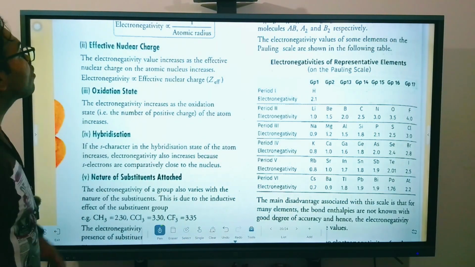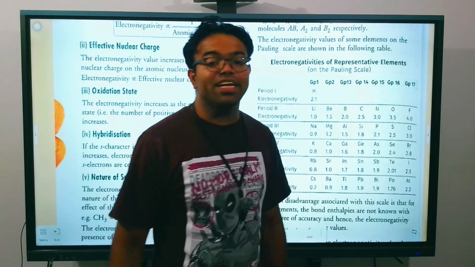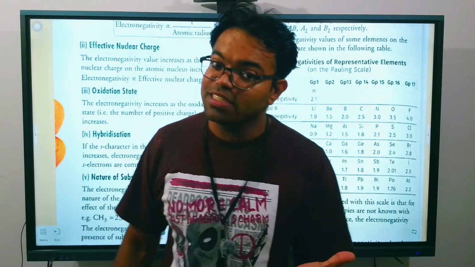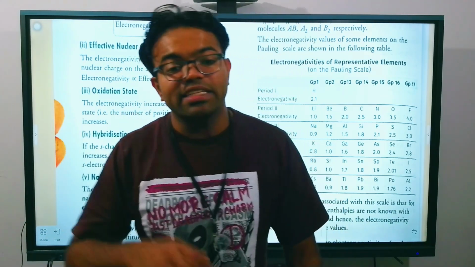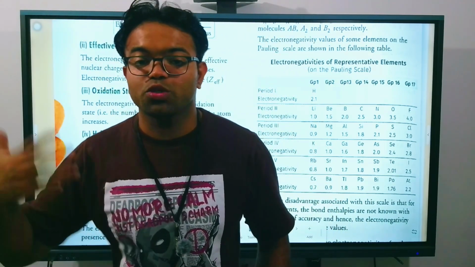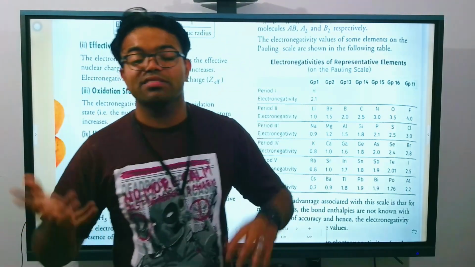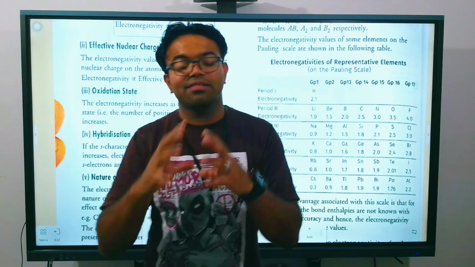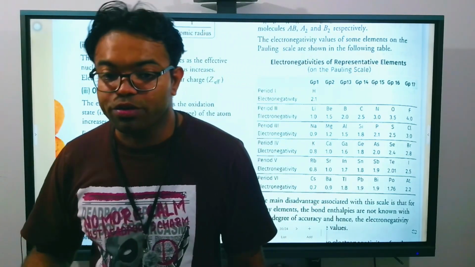Next, oxidation state. The electronegativity increases as the oxidation state increases. What is oxidation state? The loss of electrons makes you oxidized. The fewer electrons you have, the more electronegative you are. Why? If you had the same number of protons and the same number of electrons, you would be considered neutral.